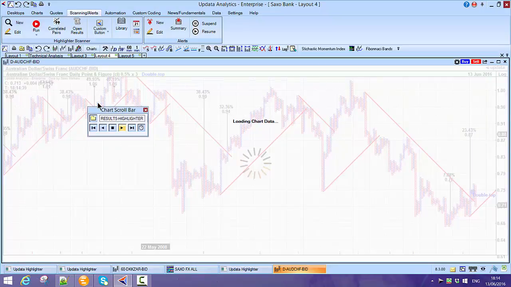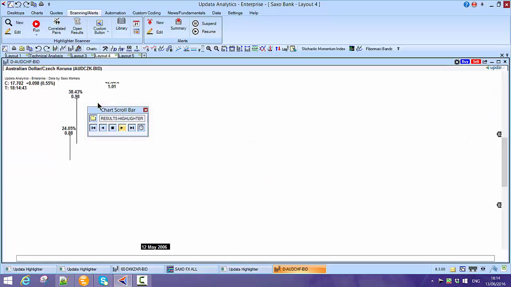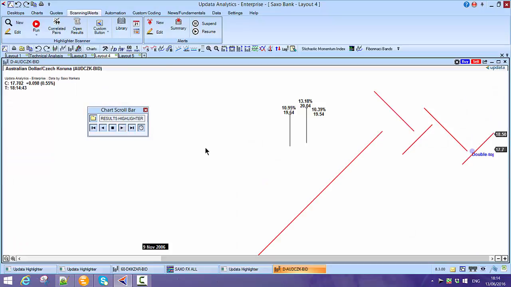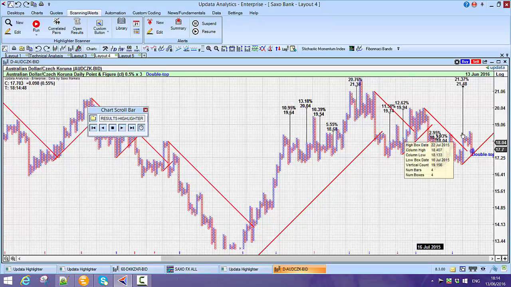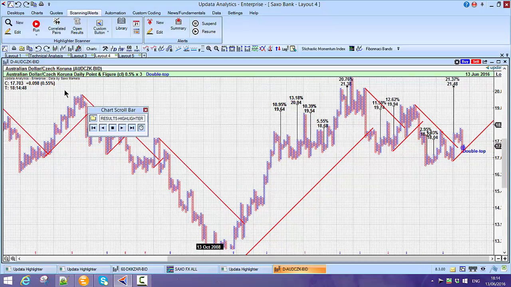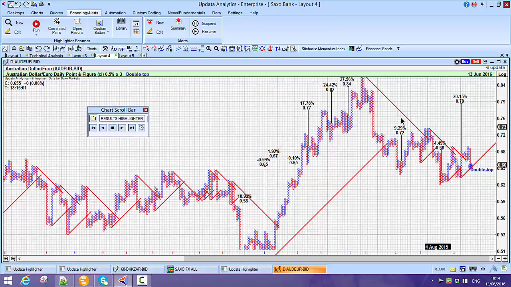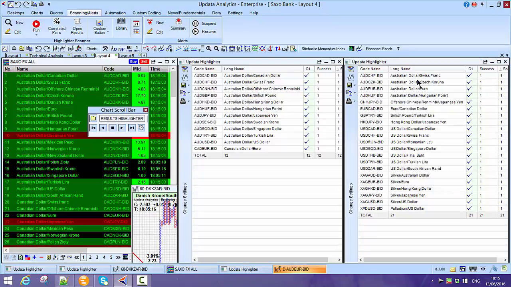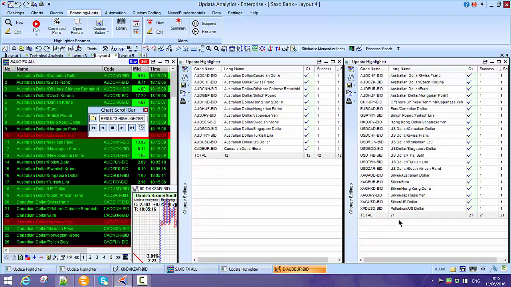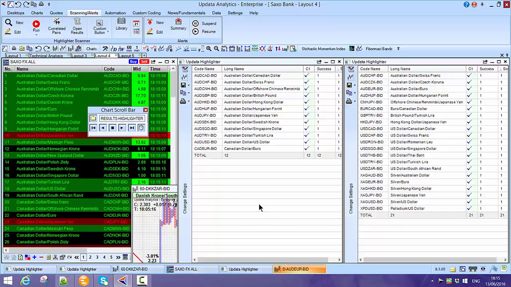So this is a sort of medium-term view where you're just trying to get an idea of upside, and we're seeing here we've got more than 20% upside on the Australian dollar versus the Czech, and you can just scroll through the various results and actually see that for yourself. So really powerful, where you can actually specify you want to find things with certain upside potential. And here's our list: 21 out of 180 that have met that criteria.